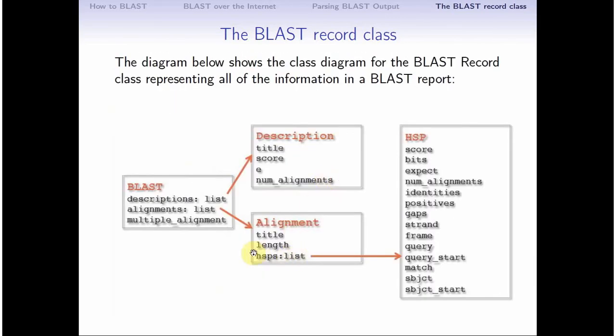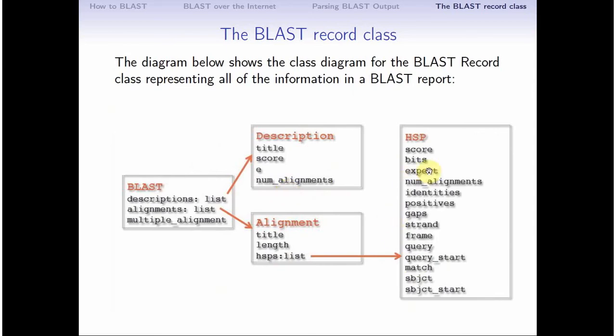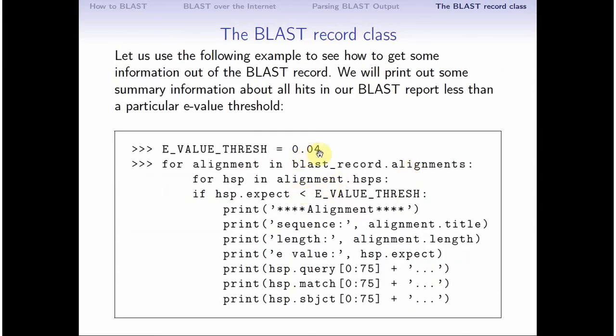If the HSP expect value is less than 0.04, then you print out the alignment, the sequence title, the length of the sequence and the E value of it.